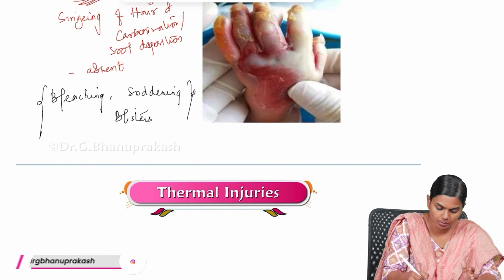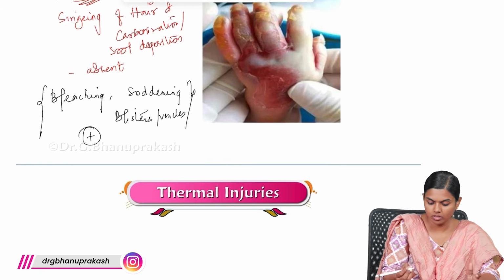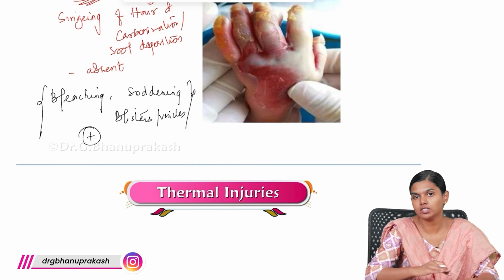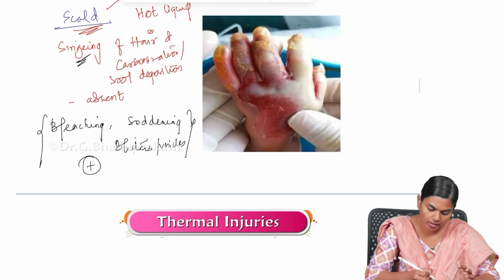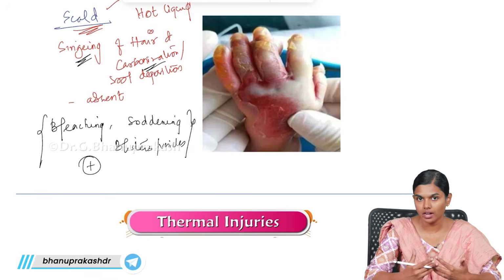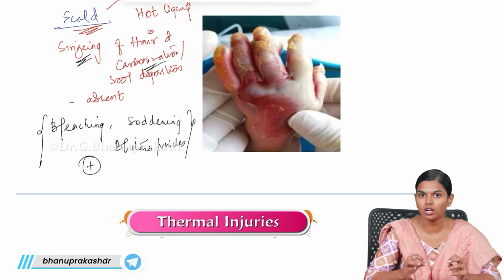Only these will be present. So vesicles or blisters will be present. So these are the features usually seen with hot liquids, not the singeing of hair or soot deposition. So if they give a case scenario that there is a burn injury but there is no singeing of hair, then you have to immediately think about the hot liquids.